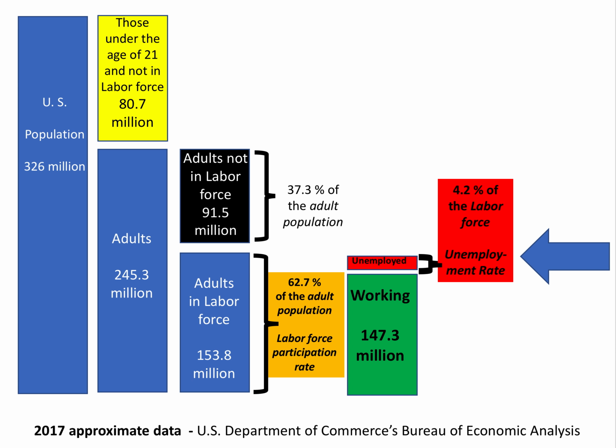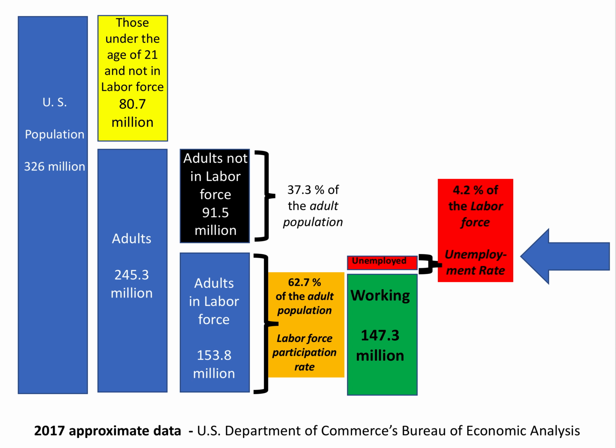Now remember, we're just counting adults in the labor market, not people who are not even interested in working, or they're going to school or retired or whatever they're doing. Maybe they're ill, maybe they've been injured, and they're not part of the workforce anymore. Okay? So we're only interested in measuring that little percent.